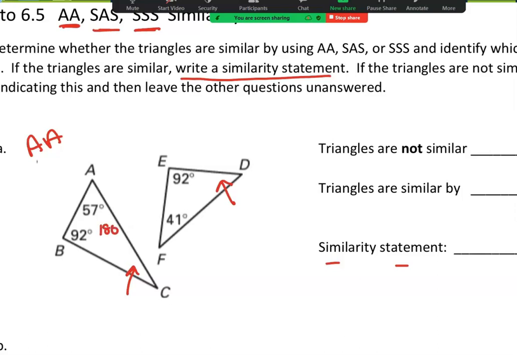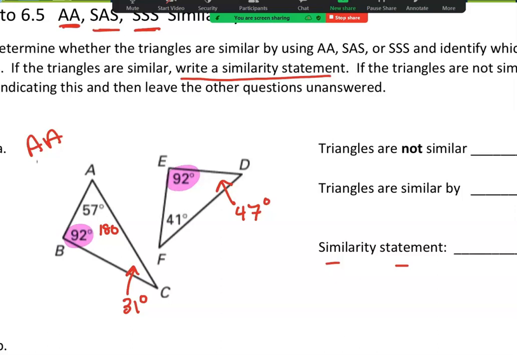Do your math, and I'm getting 31 degrees here, and I'm getting 47 degrees here. Now, do I have two angles that are the same between those two triangles? So look carefully. I see that I have a 92 in both places. Do I have anything else?